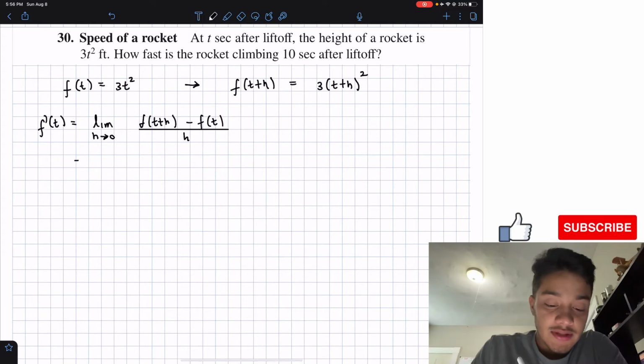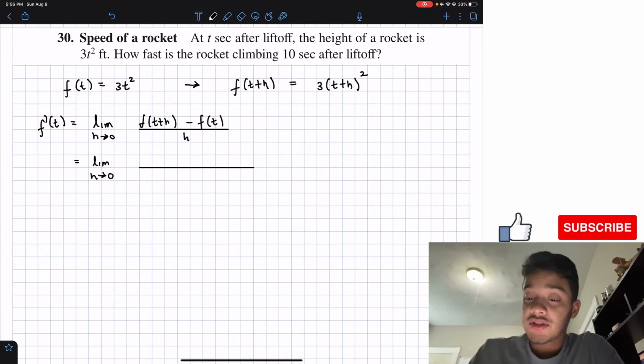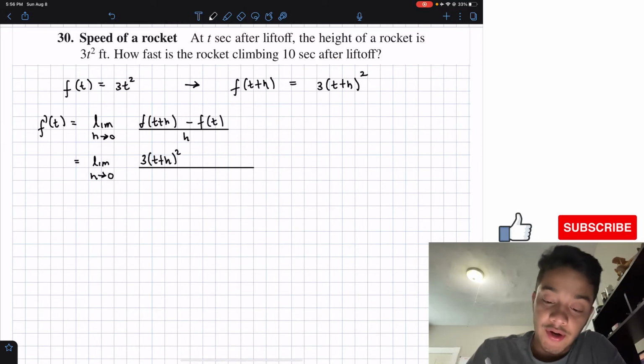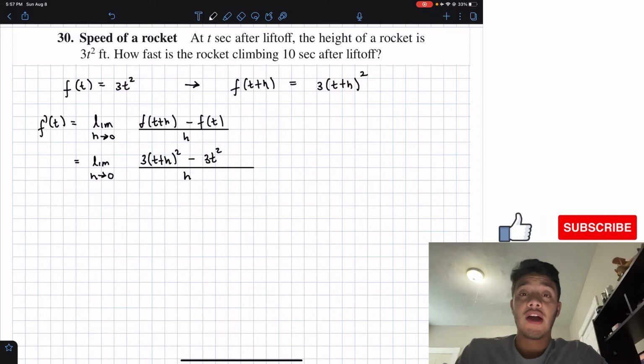So we're saying that we have the limit as h approaches 0 of, first f of t plus h, which is equal to this in here, so we got 3 times (t plus h) squared minus 3t squared, all divided by h. Now we have our limit.